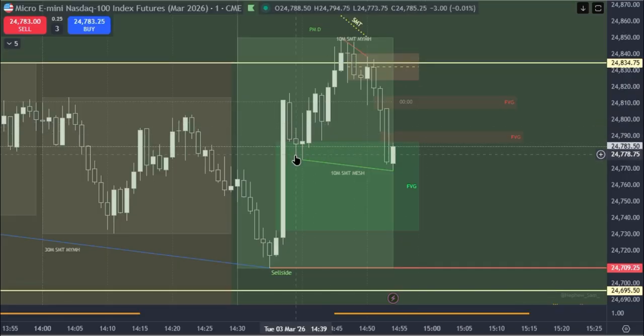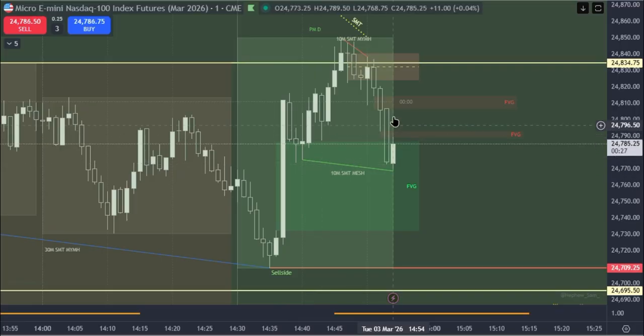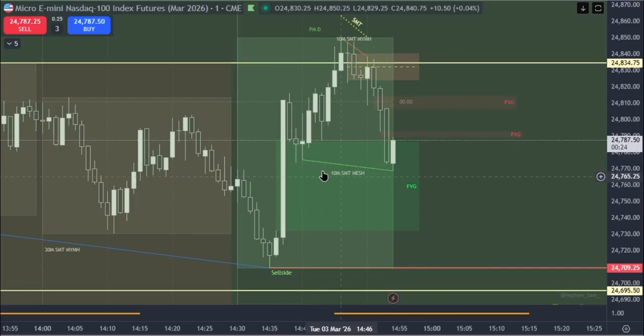So we have these SMTs down here from this BISI. So we're probably going to get a big retracement somewhere up here because of this SMT. We purged this liquidity in here.